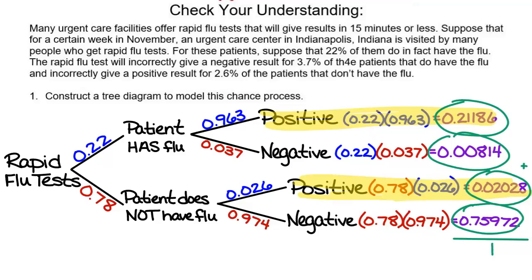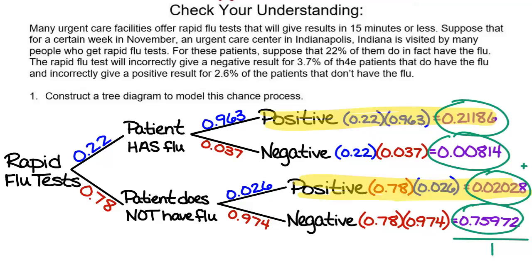So how would we calculate the probability that they ask for in number 2? Just the probability that any randomly selected patient tested positive. Yes. This one has a positive test result. This one also has a positive test result. They are mutually exclusive. And so we add these 2 up, the 2 highlighted ones.